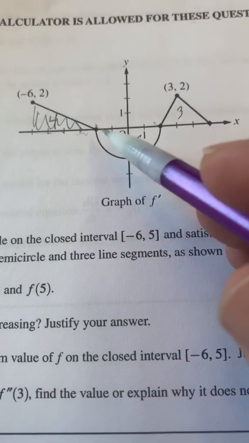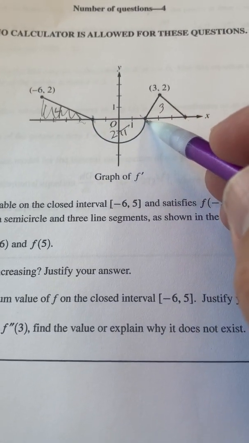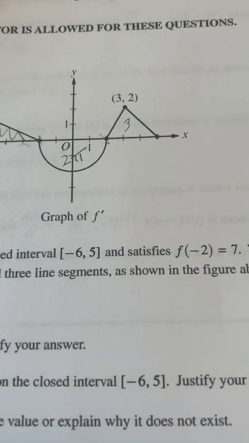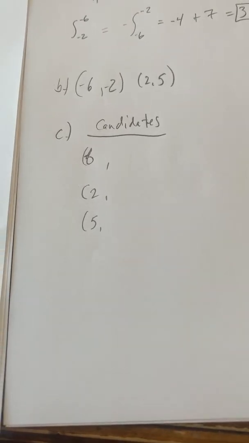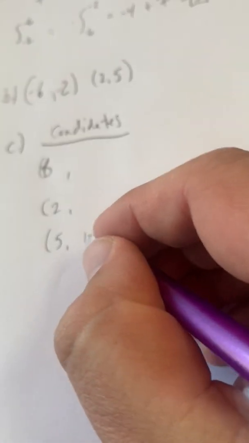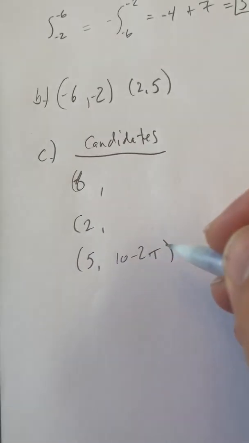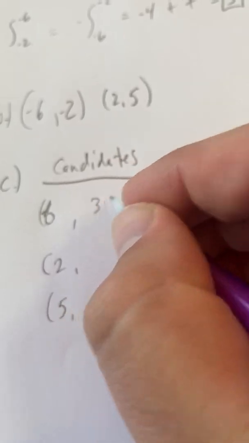Then at any minimum critical points, so that is a maximum critical point, so not a 1, but how about here at 2? And then the end value, which is at 5. We've already calculated 2 of these, so this is 10 minus 2 pi, which is just slightly less than 4. And then this is 3.